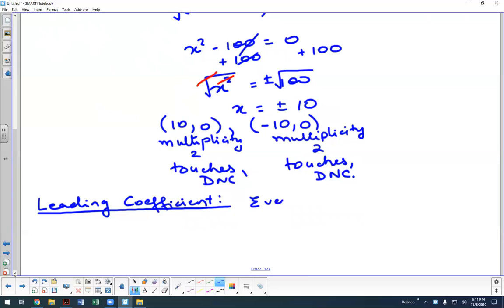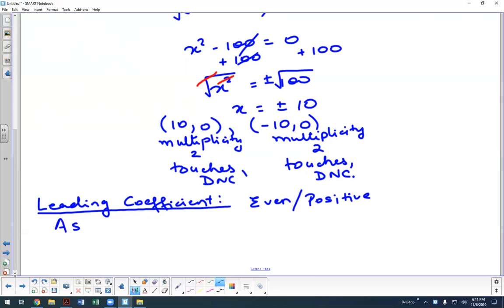So again, we have an even power with a positive coefficient. So what kind of behavior do we expect from our leading coefficient test when it's an even exponent and a positive number? Yeah, they're both going up. I call it the touchdown, right? Because x goes to positive infinity, and y is still going up. X goes to negative infinity, but y still goes up to positive infinity.